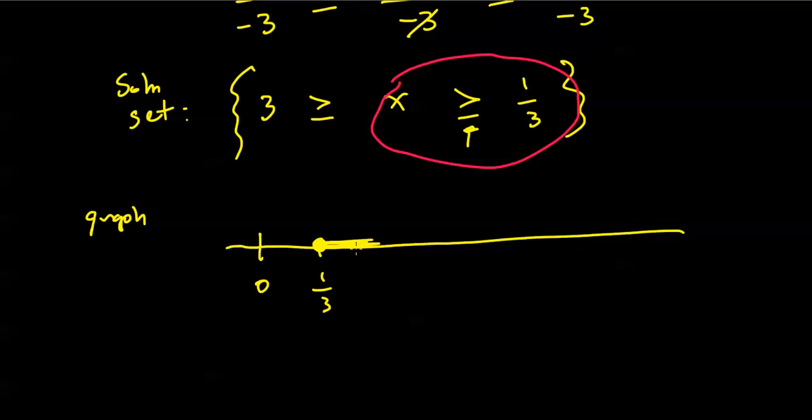Let me pause for a minute because I've got another inequality statement to worry about. This statement in green tells me 3 is greater than or equal to x, which means x is less than or equal to 3.